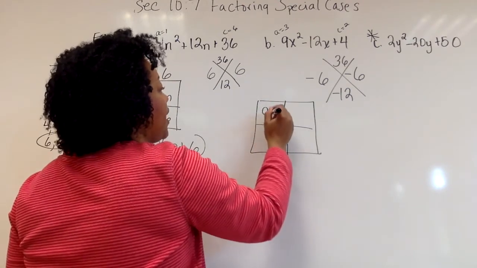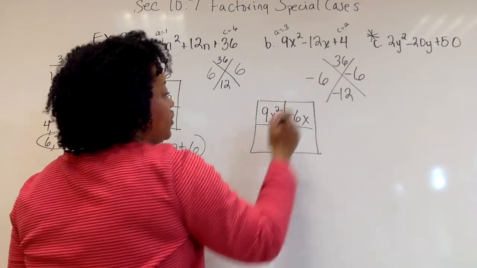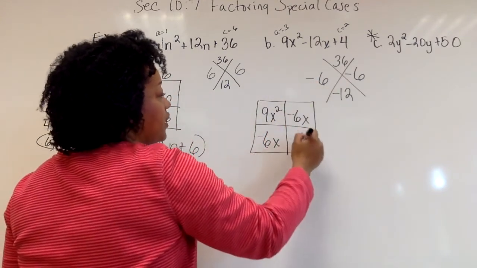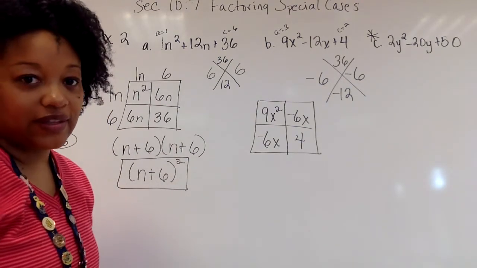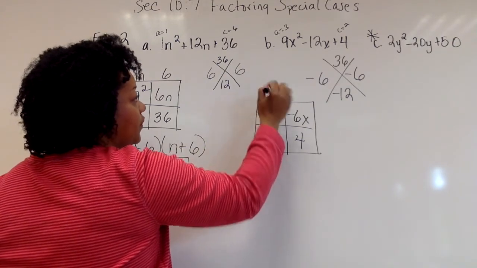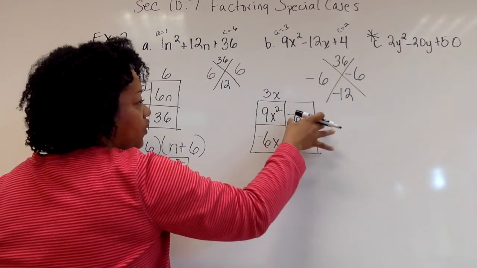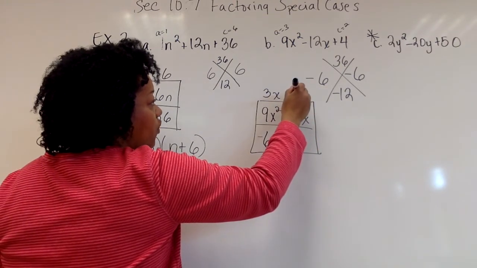First box, first term. Diagonal, what we just added to the X. Bottom term goes in the bottom box. Now let's get those GCFs. The GCF between 9 and 6 is 3. Between x squared and x is x. Go to the next column. This is a negative, so my GCF will be negative.